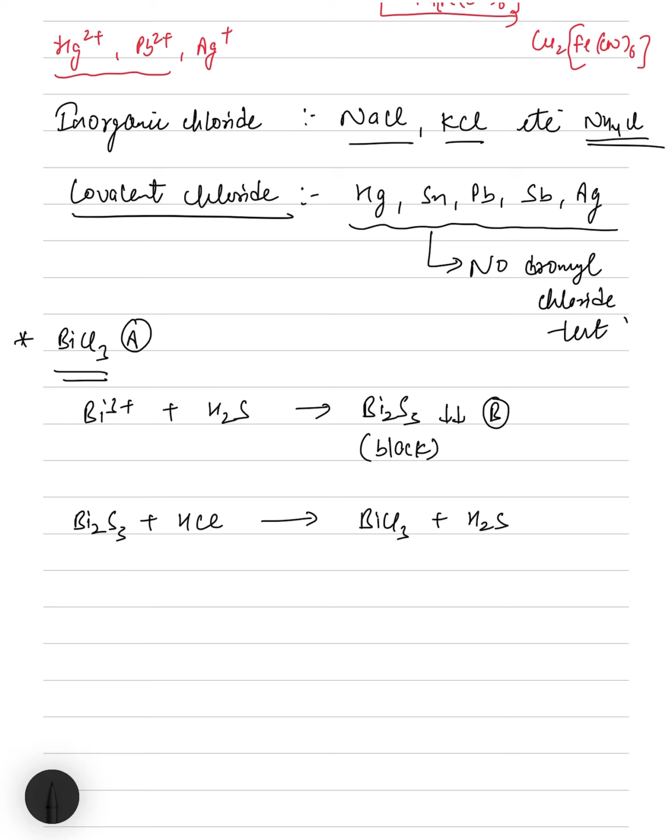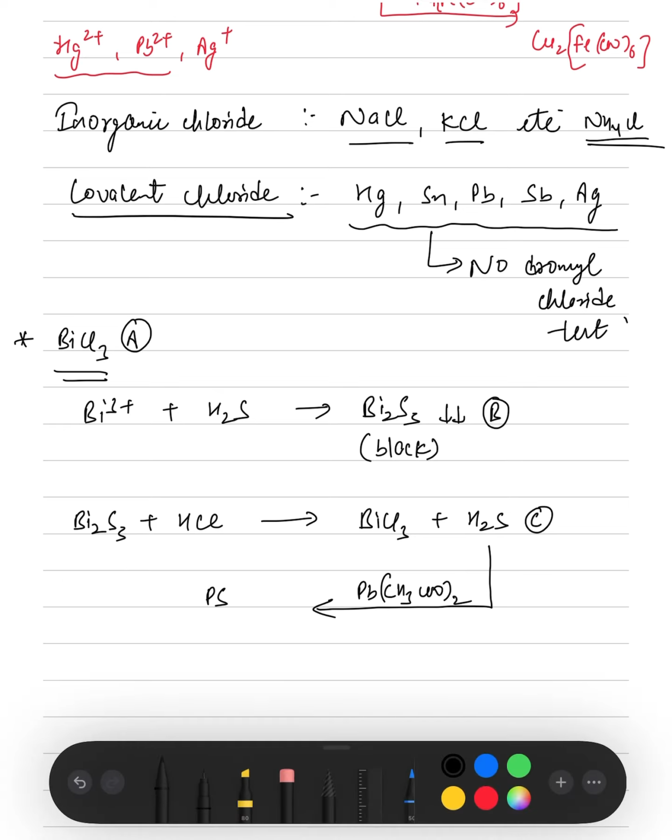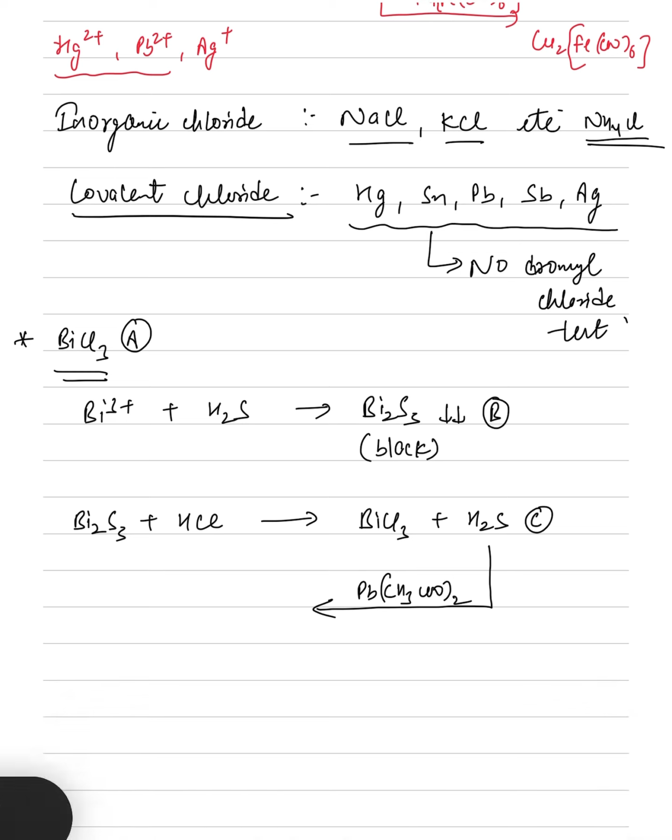This H2S gas is the compound C, and it gives a black precipitate when passed through lead acetate, Pb(CH3COO)2. A simple ionic reaction takes place and we obtain lead sulfide, PbS, which is a black precipitate.